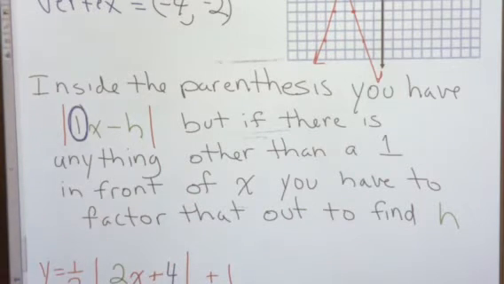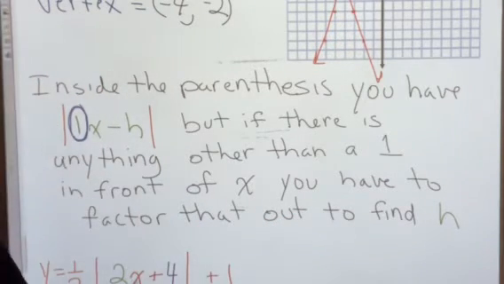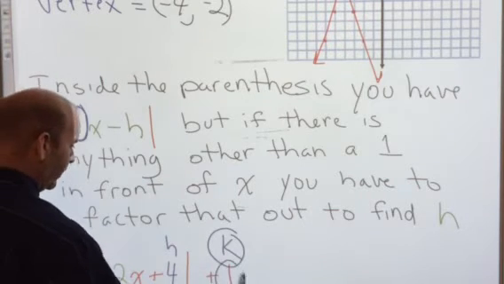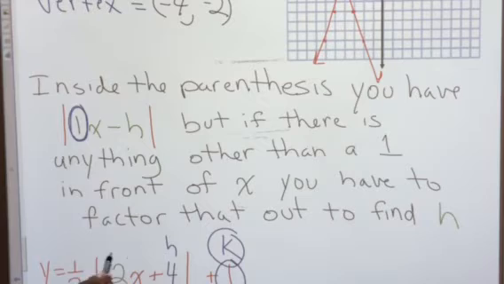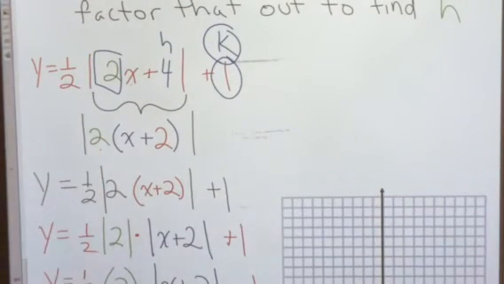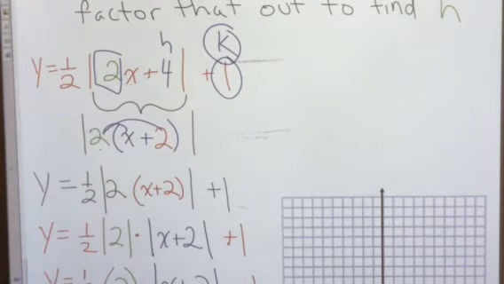All right, so what does this mean? You have to factor that out to find h. This is not h, this is k, but this is not h because of the 2. So you factor out a 2 from both of those. Very simple factoring.